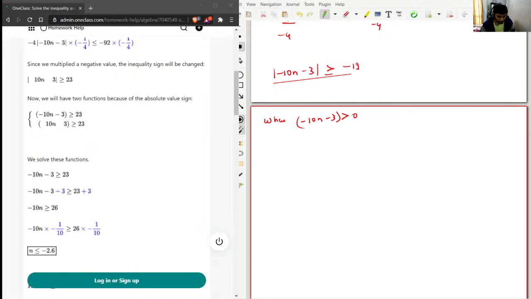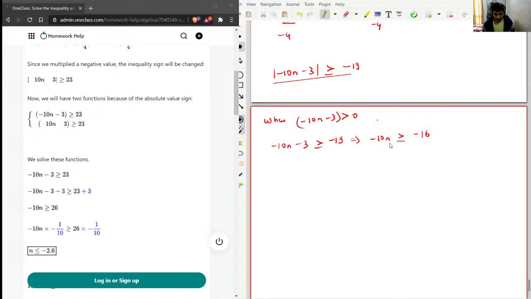We'll write this as it is. So it will be minus 10n minus 3 is greater than equal to minus 19. I'll add 3 on both sides. So this will become minus 10n is greater than equal to minus 19 plus 3, which will be minus 16.